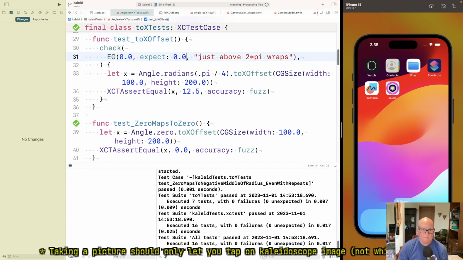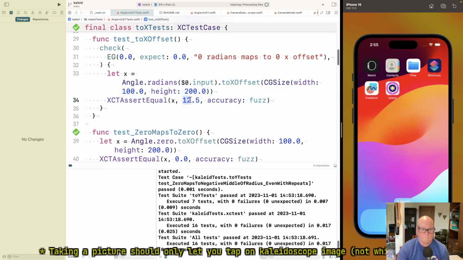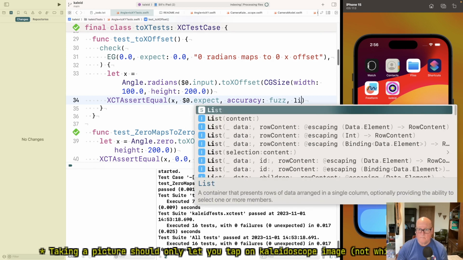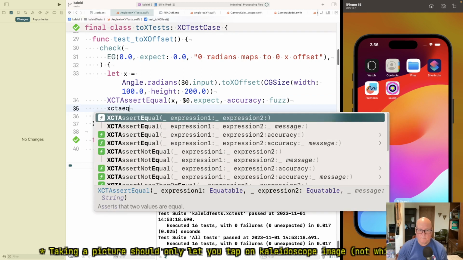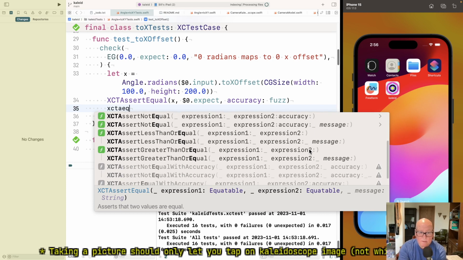Expect 0. Oh, I don't have line and file?